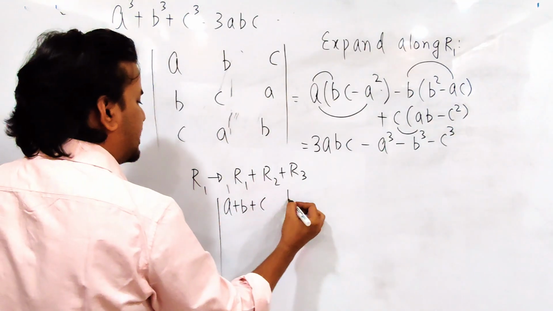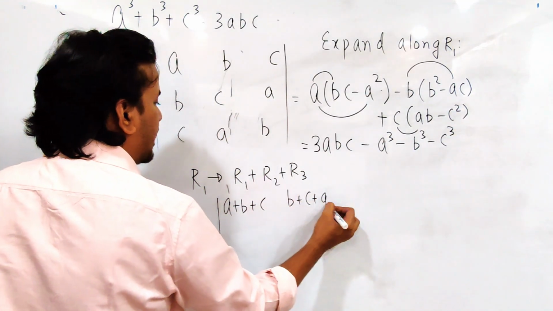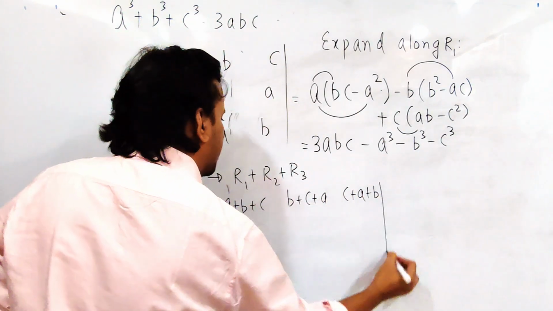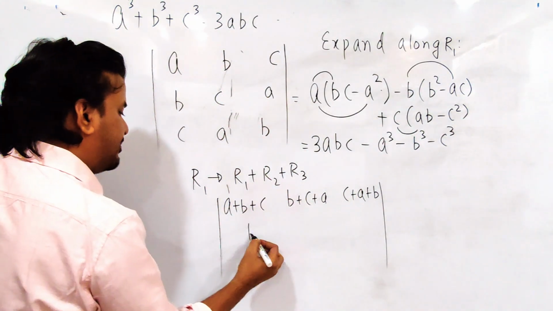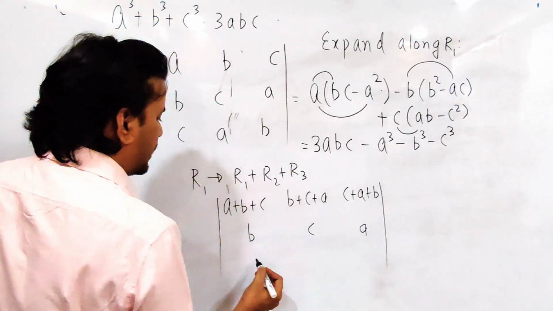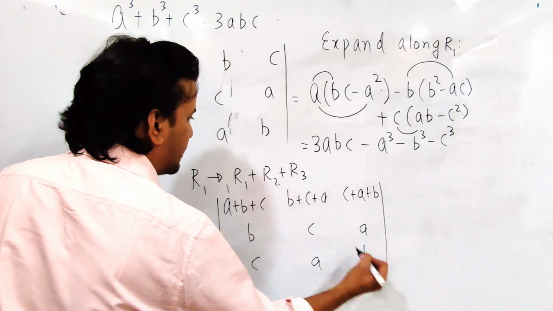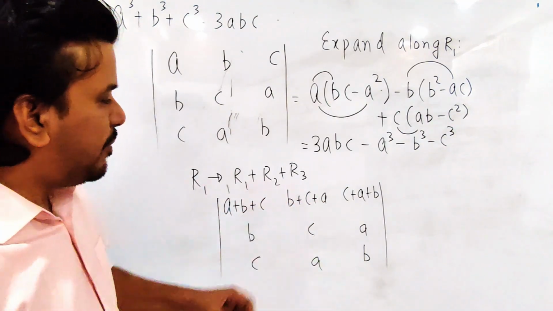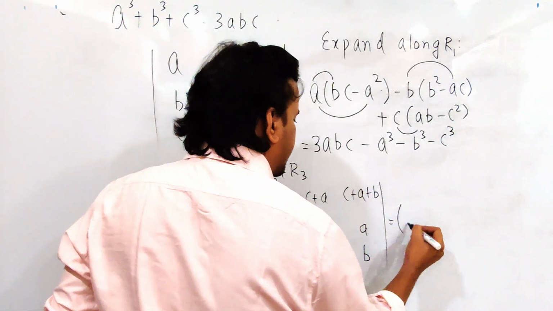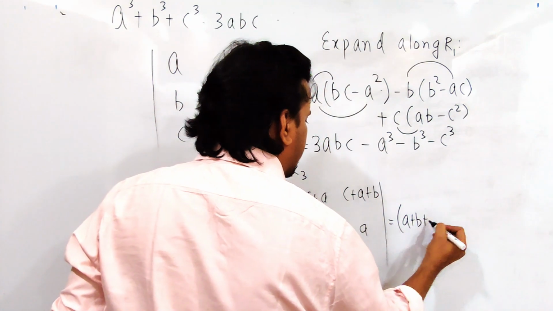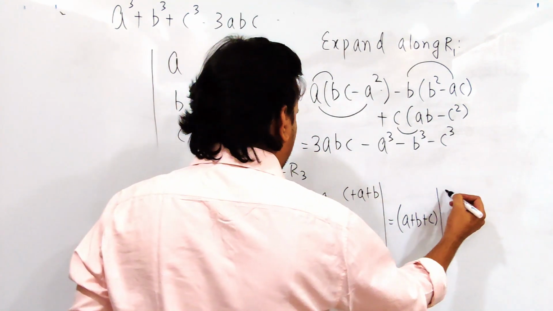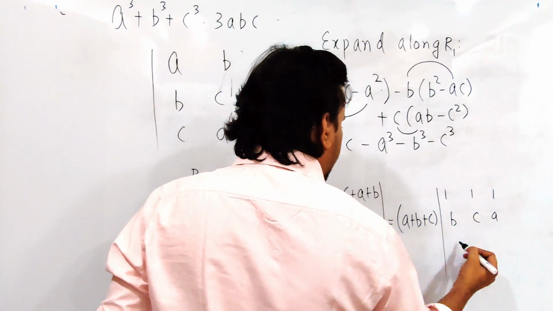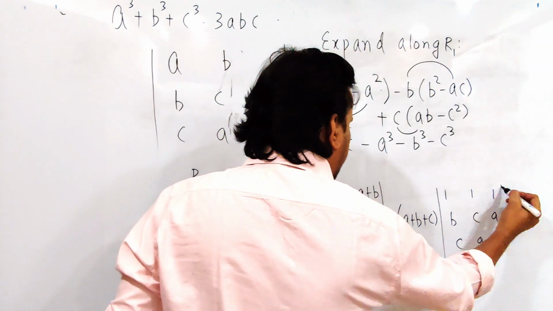This is going to be B plus C plus A, and finally this is going to be C plus A plus B, and this is going to be B C A, and then C A B. So guys, what you can see, the first row will have A plus B plus C common, and the remaining determinant is going to be 1, 1, 1, B, C, A, C, A, B.